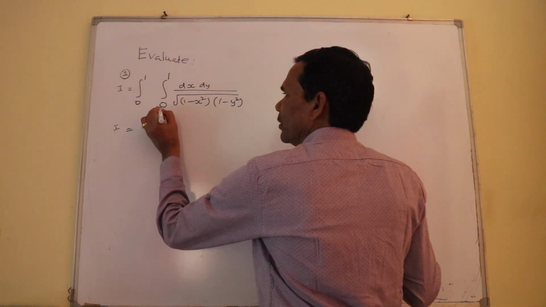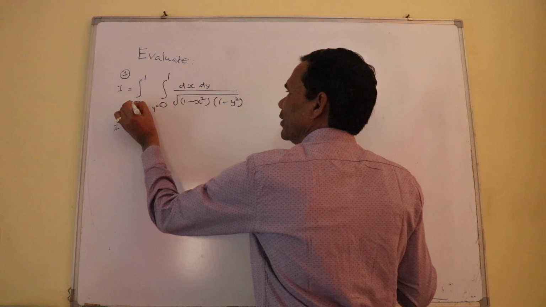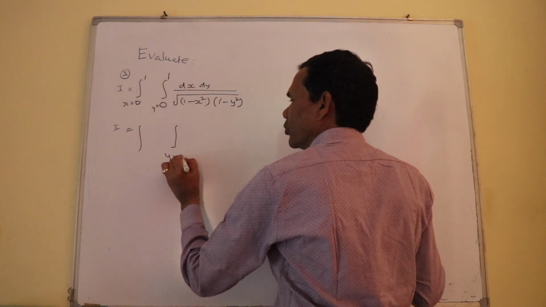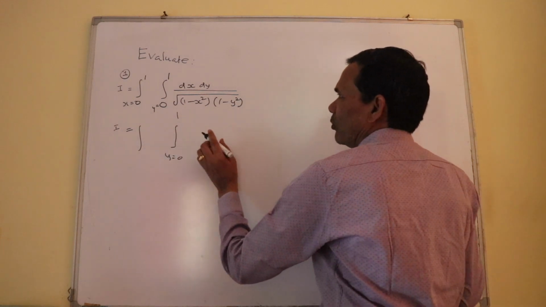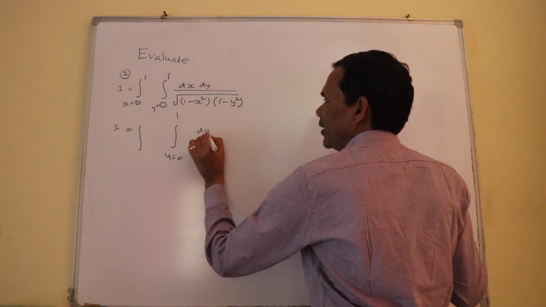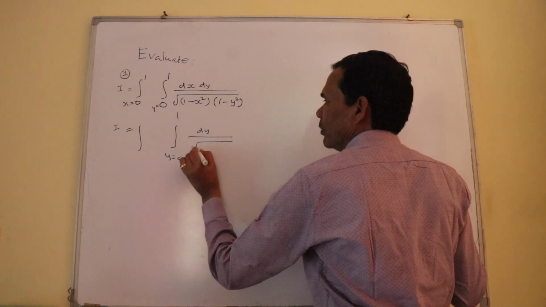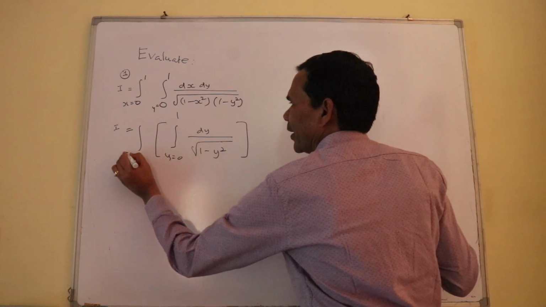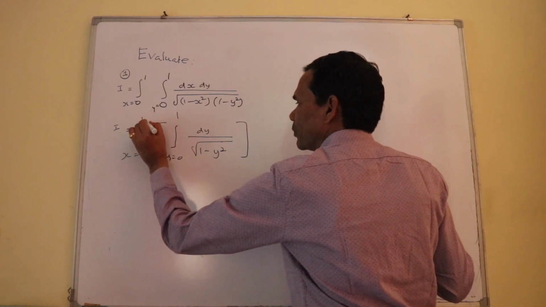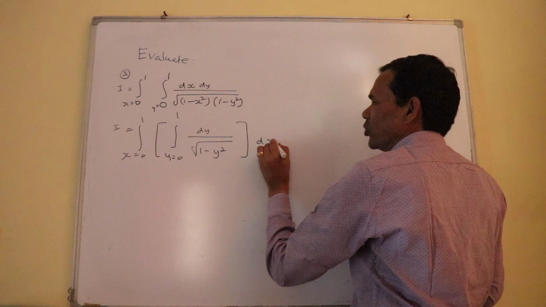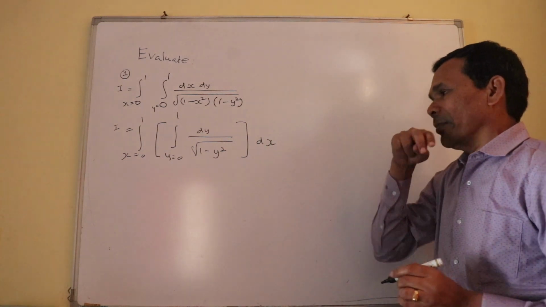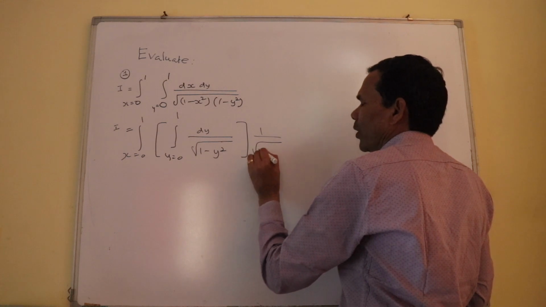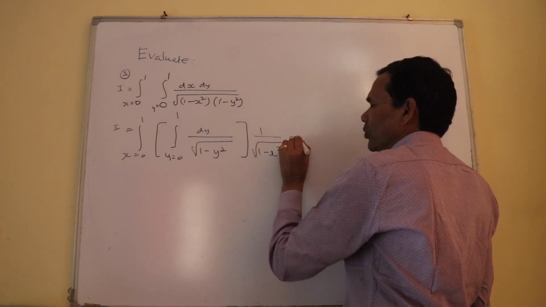These are the limits for y we consider, these are the limits for x. So y is equal to 0 to 1, with respect to y first. So I write down this as dy divided by root of 1 minus y square, and x is equal to 0 to 1, 1 upon root of 1 minus x square into dx.